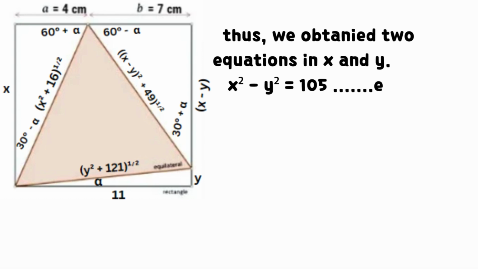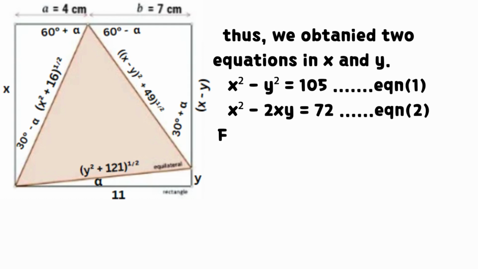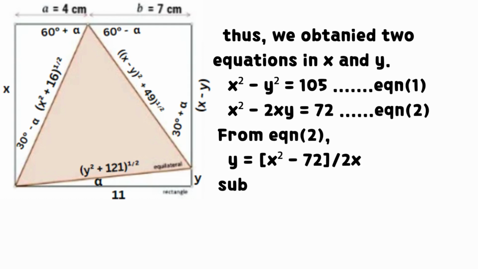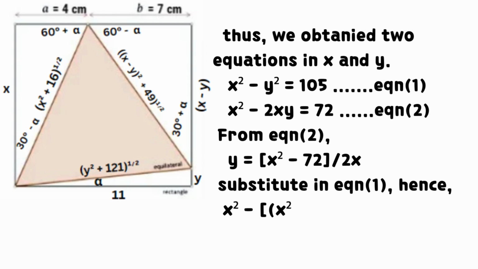Now that we have obtained two equations in x and y as shown on the screen. From equation 2, we have that y equals the square of x minus 72 all divided by 2 times x. Substitute it in equation 1. Thus, we obtain an equation in x alone as shown on the screen.